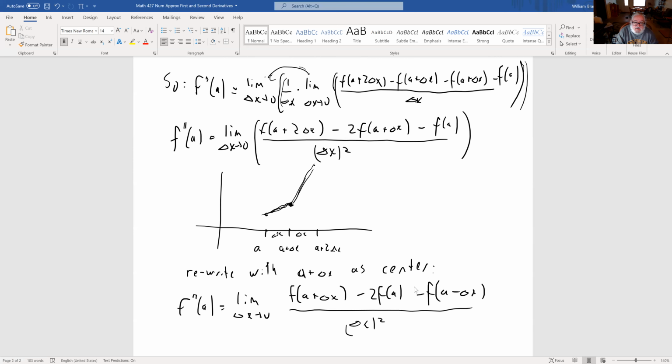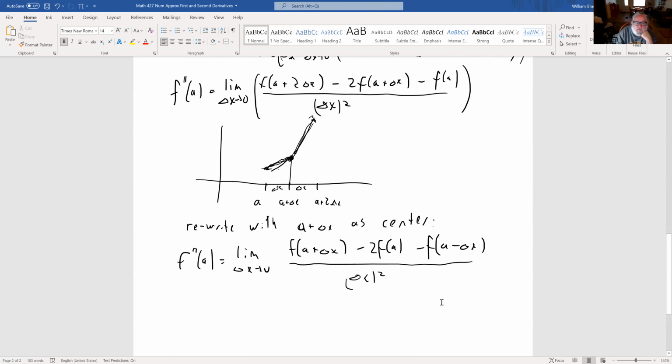So what we're doing here is, instead of thinking of these 3 points as a, a plus delta x, and a plus 2 delta x, I'm going to think of it as centered here, at a plus delta x, with a plus delta x plus delta x, and a plus delta x minus delta x, which gives you a.